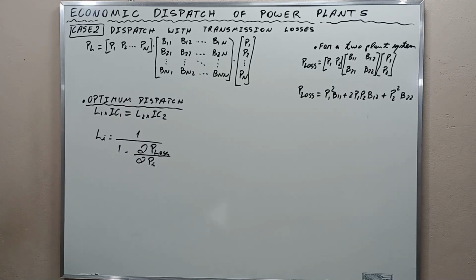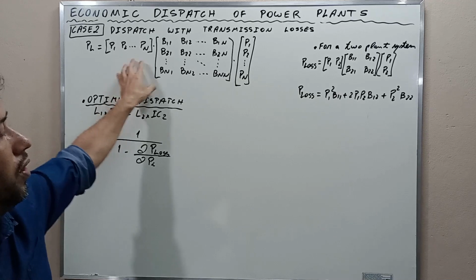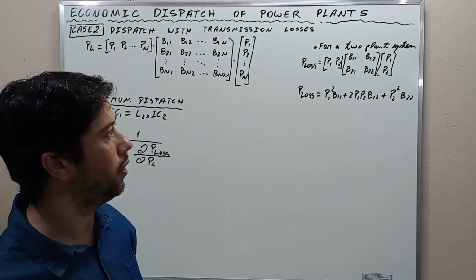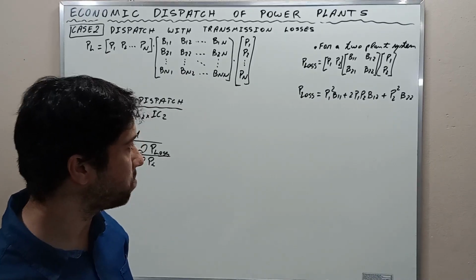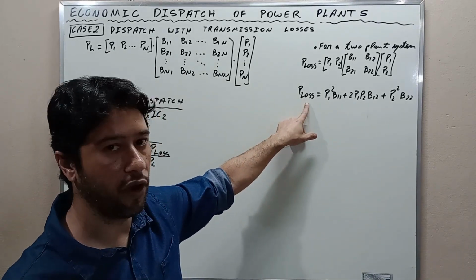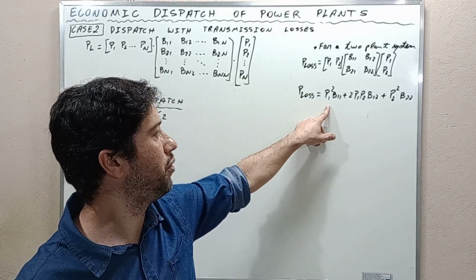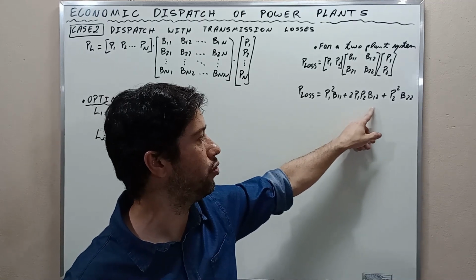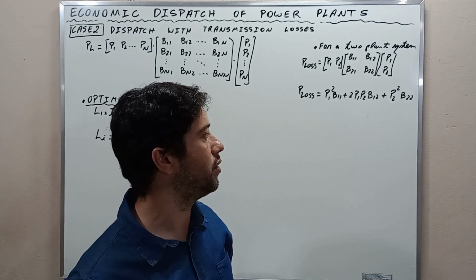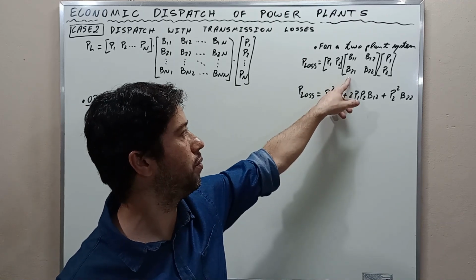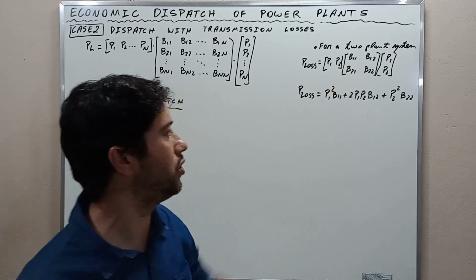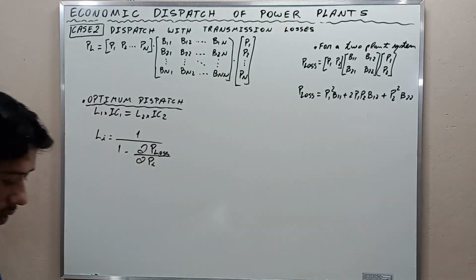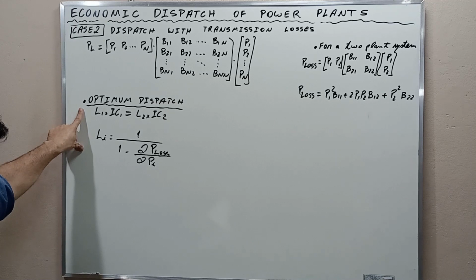Okay, we are going to greatly reduce this for better understanding and deal with a two power plant system. Okay, the level of losses will be P1 squared B11 plus 2 times P1 P2 B12 plus P2 squared B22, observing that B21 is equal to B12. That's why these two appeared here. Okay, now we have our optimization problem here.